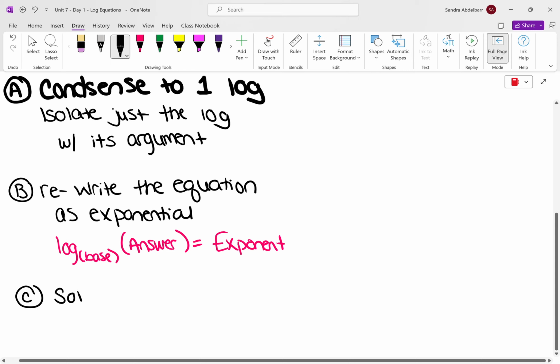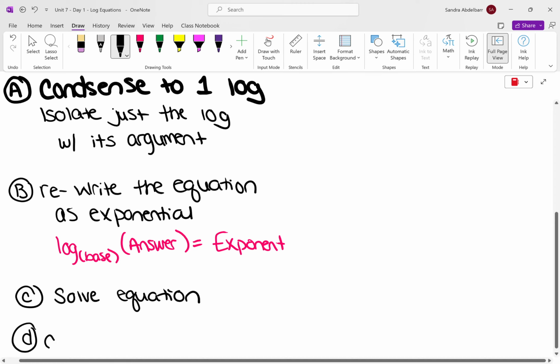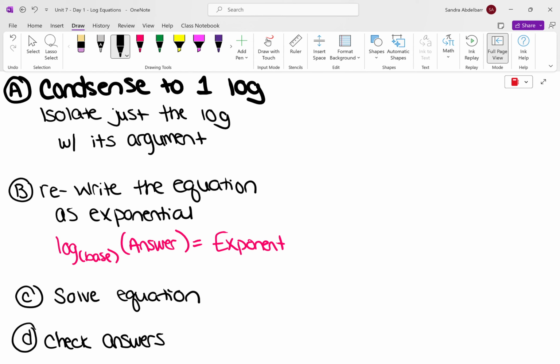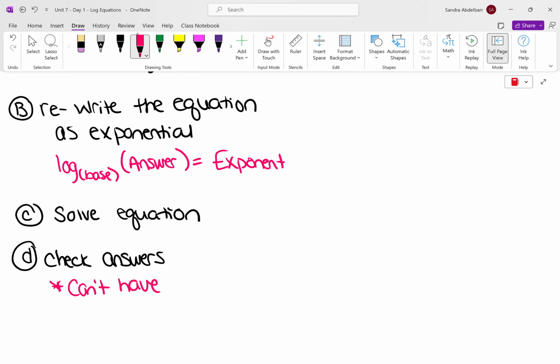We are going to solve the equation, and we will have to check our answers. And really what we're checking for is we can't have a negative argument.